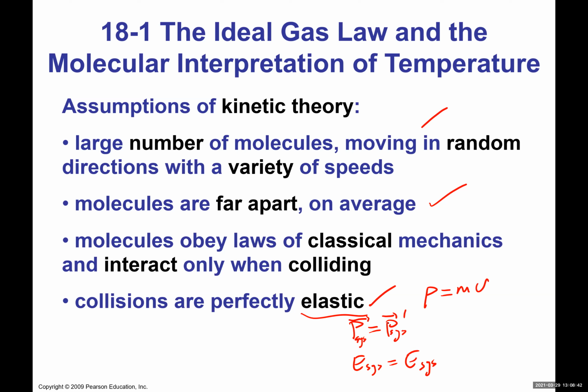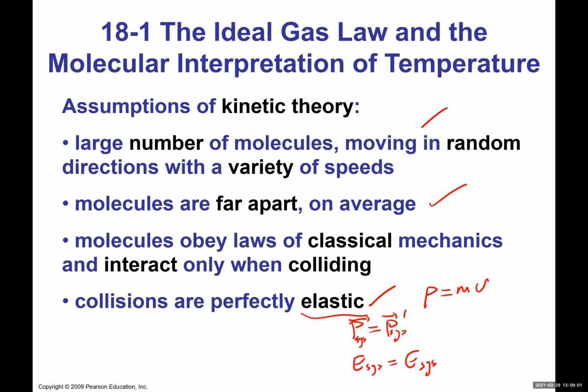Momentum is a vector, so I can put it like this. Those two conditions have to be satisfied for a perfectly elastic collision: momentum of the system conserved and the energy of the system conserved. That means the kinetic energy before and after collision is the same for those collisions.